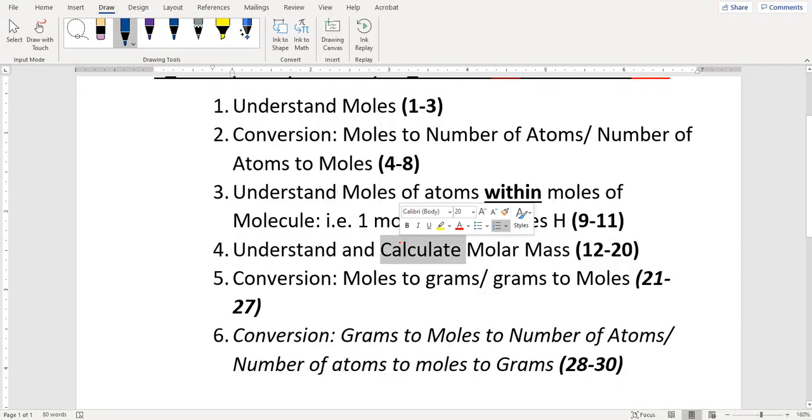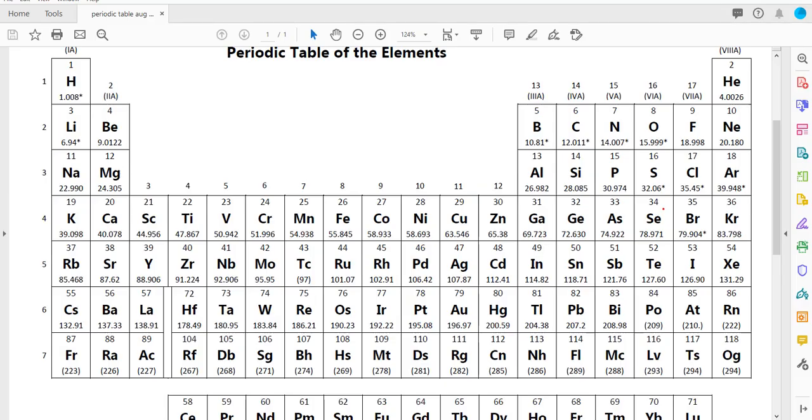Now we're going to move on to the next part, and we're going to get into calculating molar mass. Here's the periodic table. You learned that that bottom number I call atomic mass.